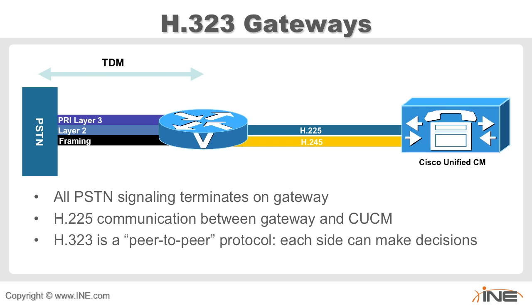So taking a look at H.323 gateways, if we have a PSTN on the left, and let's just say, for instance, we've got a PRI, we've got our layer 1 framing and line coding, we've got our layer 2 Q.921, and our layer 3 Q.931, all of that occurs directly between the PSTN and the H.323 VoIP gateway, but it's terminated there. CUCM knows nothing about that.